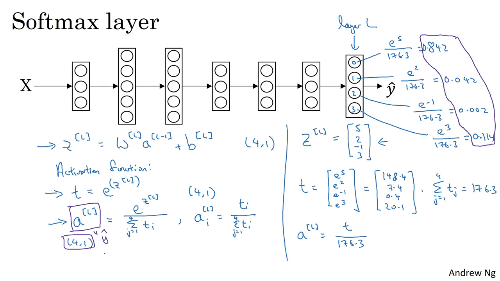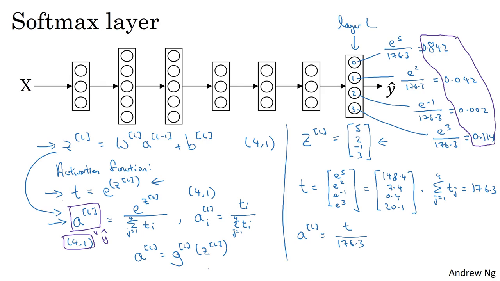And if we summarize what we just did to map from zL to aL, this whole computation, computing the exponentiation to get this temporary variable t, and then normalizing, we can summarize this into a softmax activation function and say aL equals the activation function g applied to the vector zL.